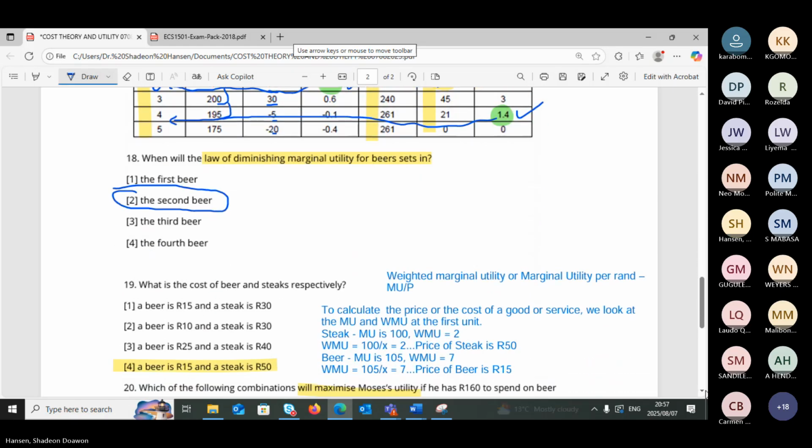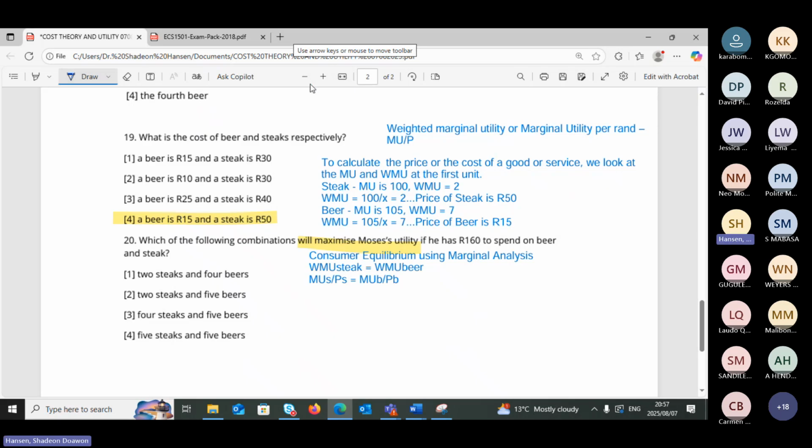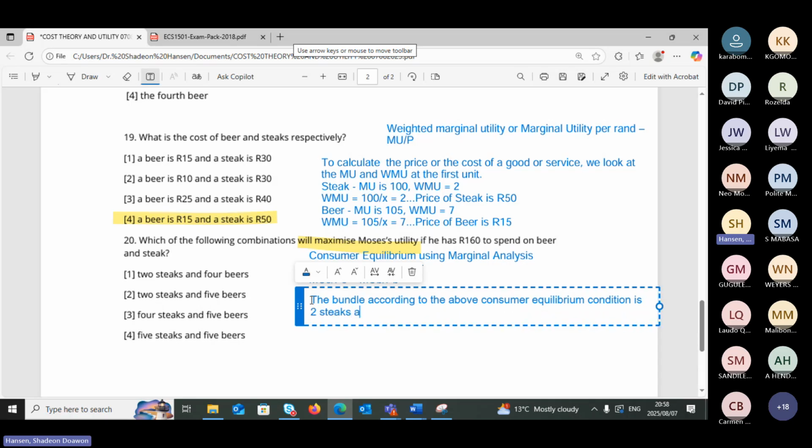Remember, we already have the price of beer and the price of steak, so we just need to check. Let's say the bundle according to the above consumer equilibrium condition is 2 steaks and 4 beers.